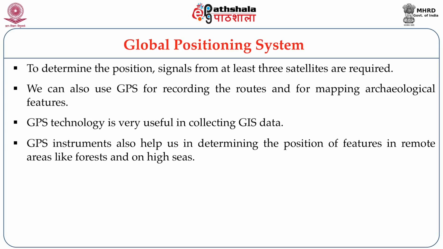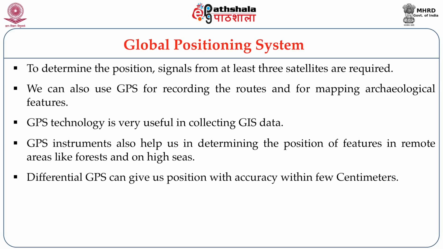And usually using these GPS instruments or systems, we can determine the position of a place within a few meters. Most of the instruments have the capacity to determine the position up to a few meters accuracy.